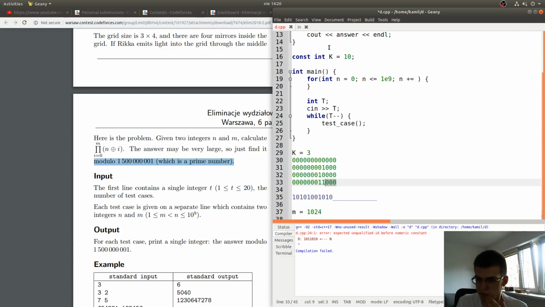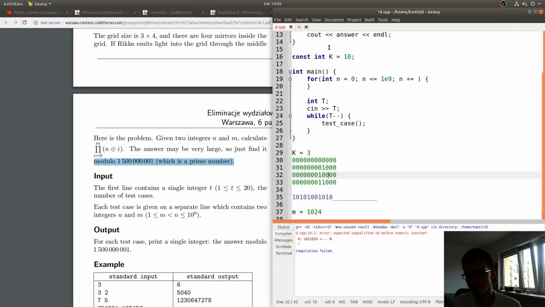Because we noticed the product of the first 8 numbers, so 2 power k, will be the same no matter the bits here. So if we once compute this value, the product for this n, then we also know the answer for this n, and so on. So here what we do is we try every n with jumps 2 power k. So this is in C++ 2 to the power k.